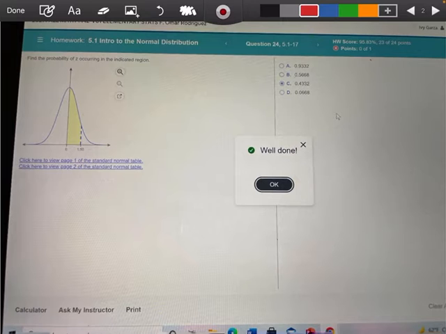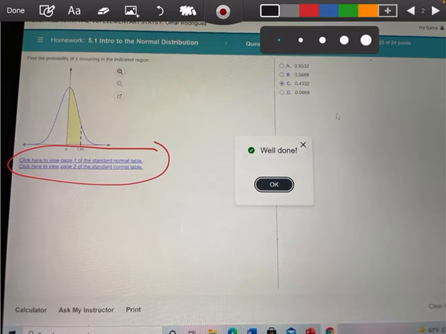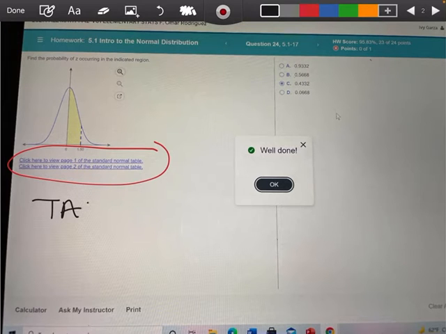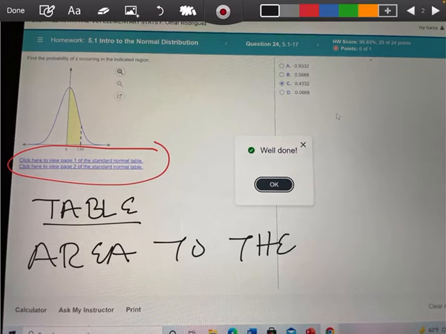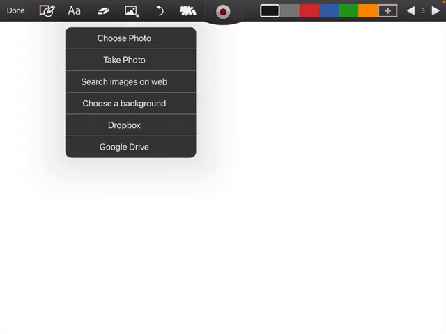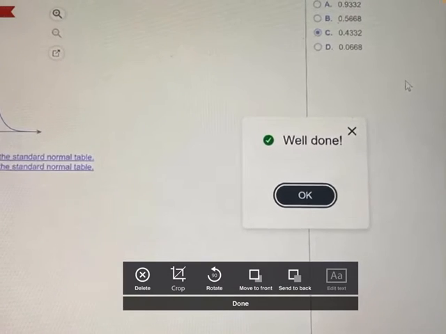Okay, so the second way I can do this, y'all, is using my tables, okay? So if I'm going to use my tables, the one thing I want to emphasize, the table always tells me the area to the left, okay? So what I want you to think about, and I'm going to pull up the same picture that I had before.